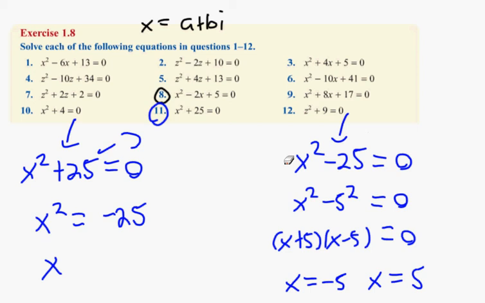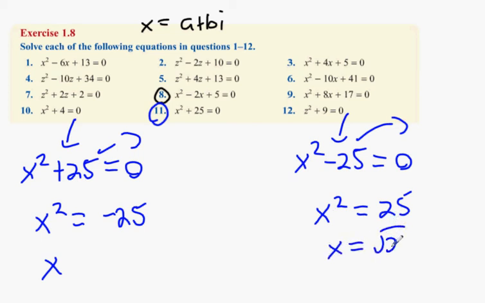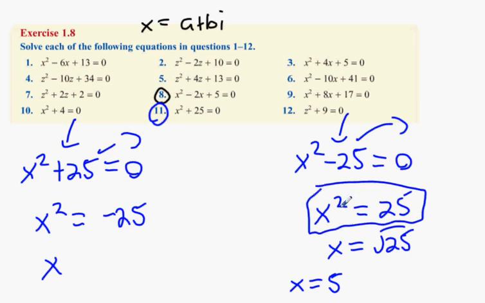Now, another student might have come along, and instead of doing the difference of two squares, he would have done it this way. He would have sent the 25 over the other side, and then he would have square rooted both sides. And he would have got x equals the square root of 25. He would have then got x equals 5. But he left out an answer because the answer has to be what number, when you multiply it by itself, gives you 25.